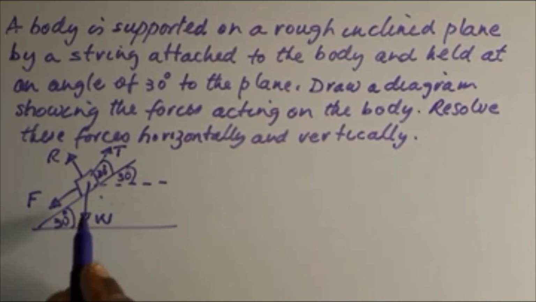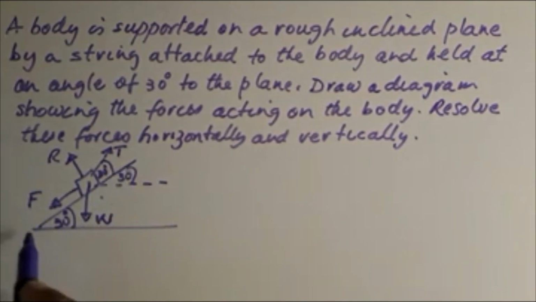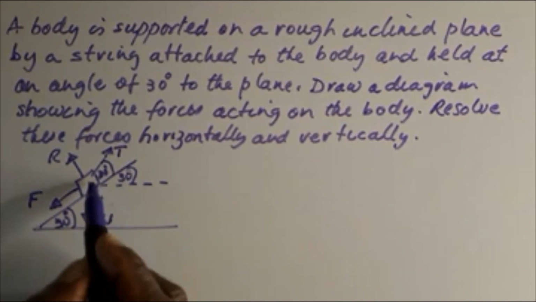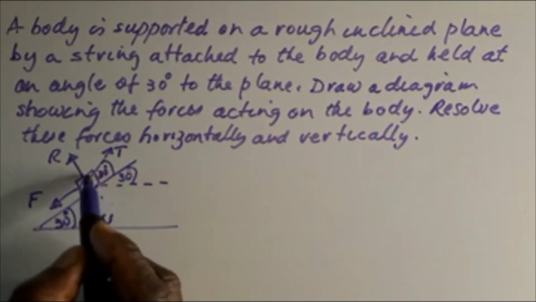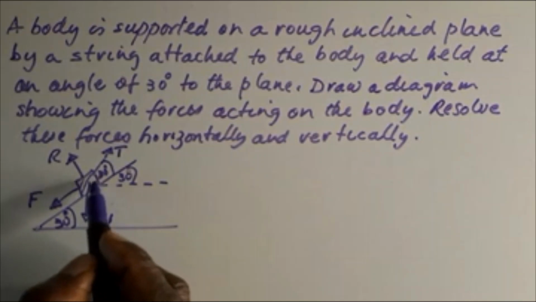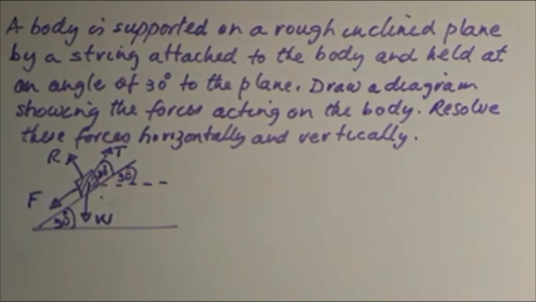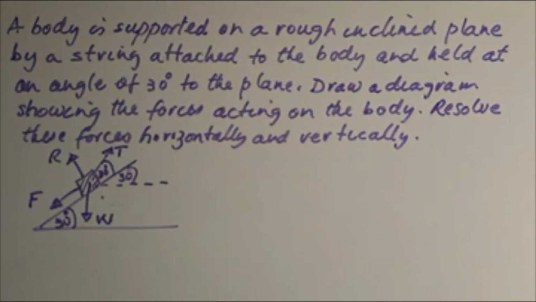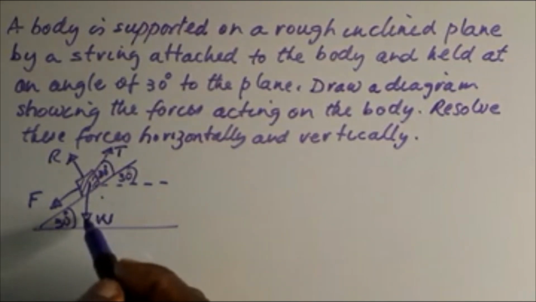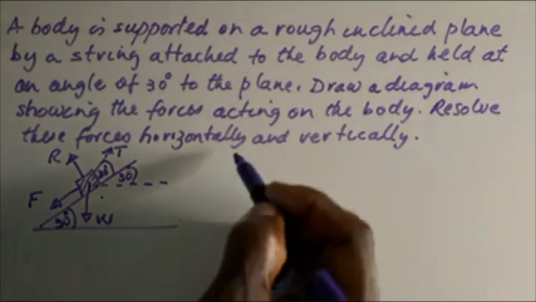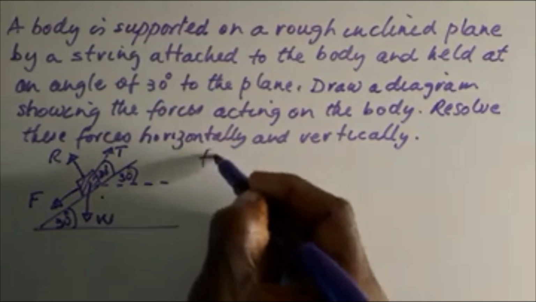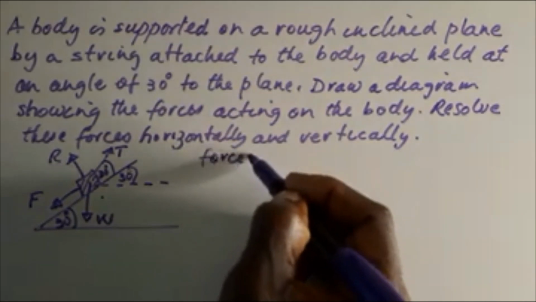So this is our diagram. This is the slope, inclined at 30 degrees. And this little block represents the body. The forces acting are, first, let's just articulate this.